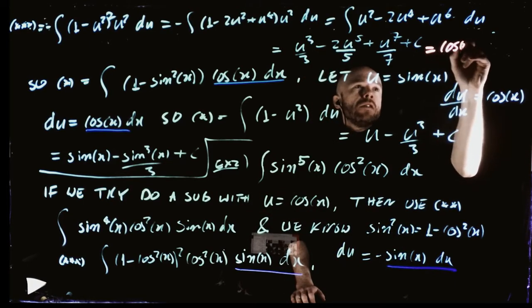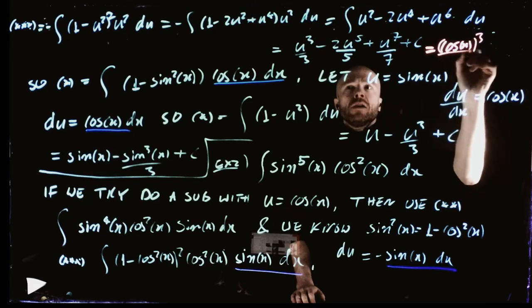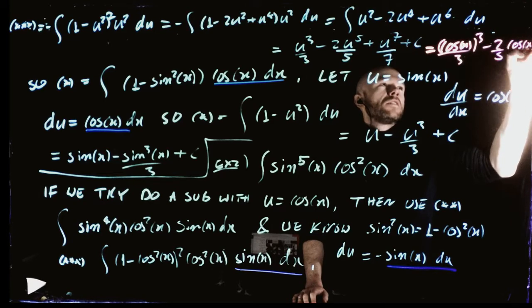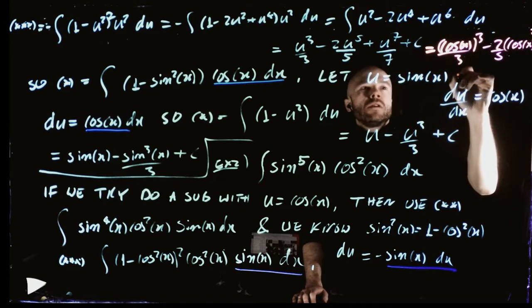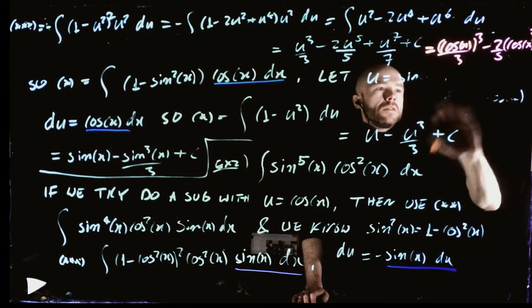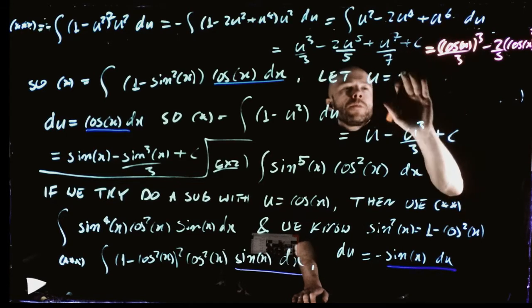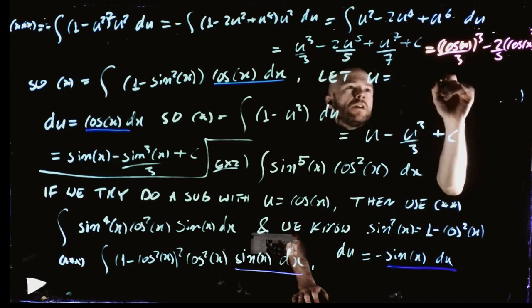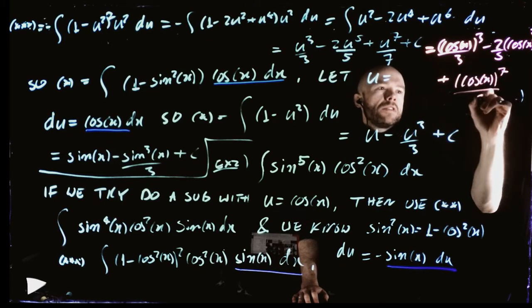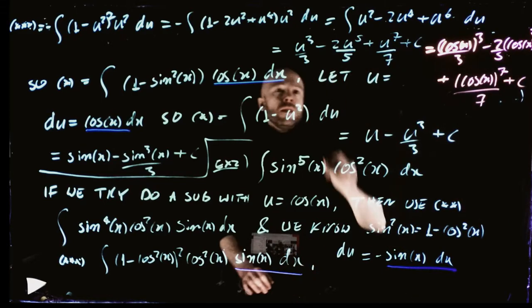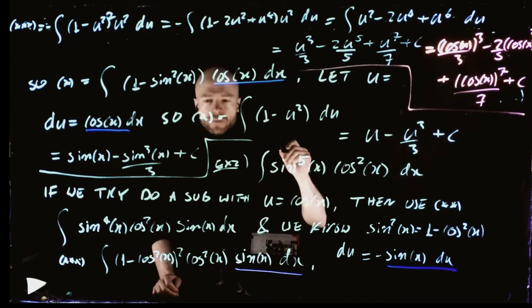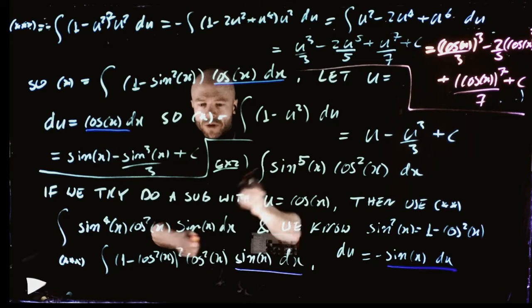So we have cosine of x to the 3 over 3 minus 2 over 5 cosine x to the 5, and the rest of it down here. So we have this term, plus cosine of x to the 7 over 7 plus constant c. And that thing is our answer. Everybody happy? Yeah? Thumbs up. Go ahead.